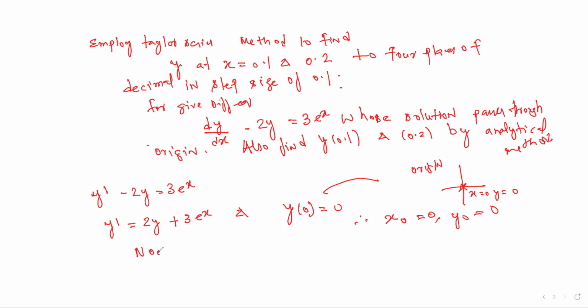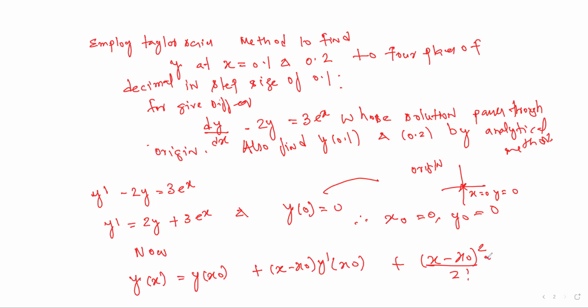Now I apply the Taylor series formula. Straight away y of x would be equal to y of x naught, your y naught value, plus x minus x naught times y dash of x naught, plus x minus x naught whole square by 2 factorial times y double dash of x naught, and so on. Now look up to what value we have to apply.